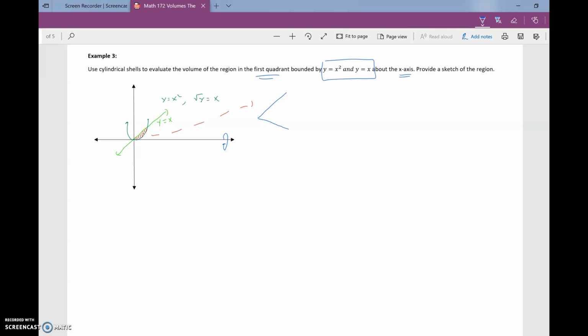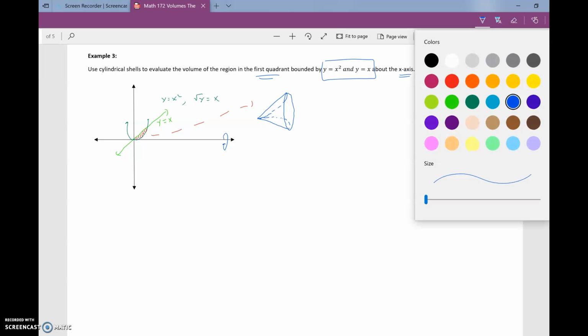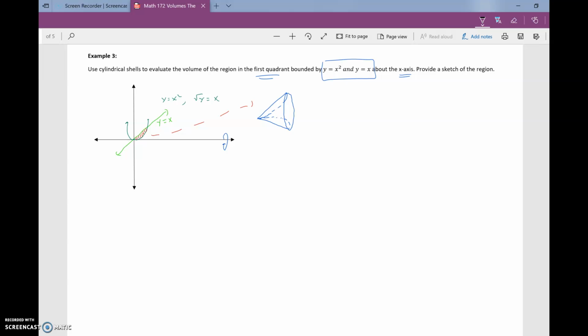So the most important part is for us to technically get this sketch, and then the x squared portion is actually going to do this. Well, not the best sketch, but that's what it's actually going to look like if we were to make a 3-dimensional rendering.